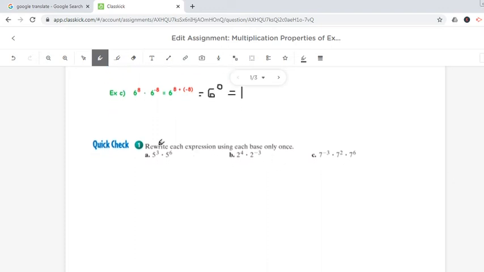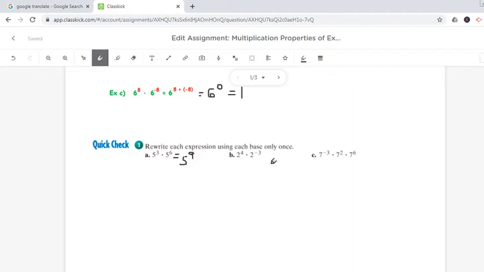So rewrite each expression using each base only once. So same base of 5, so we add the exponents. 3 plus 6, 9.